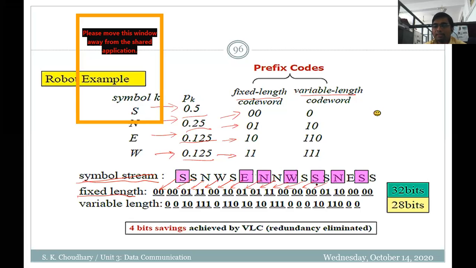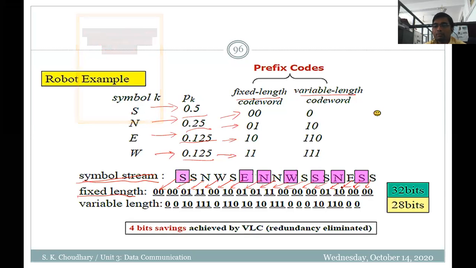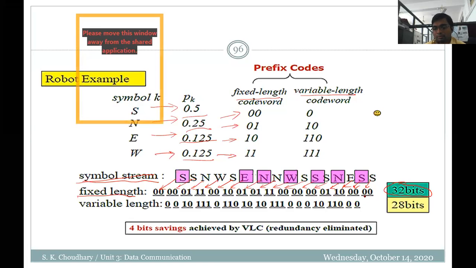And when you are using the fixed length coding method, you would find that this walking pattern of the robot would be encoded with the help of 32 bits. But if you use the variable length code, then it would take only 28 bits.